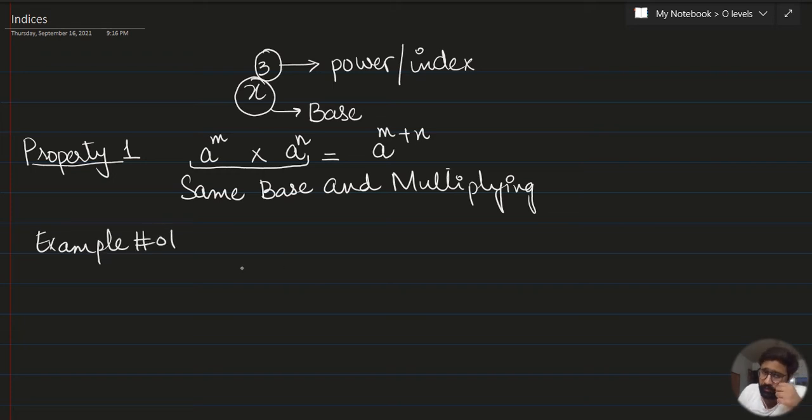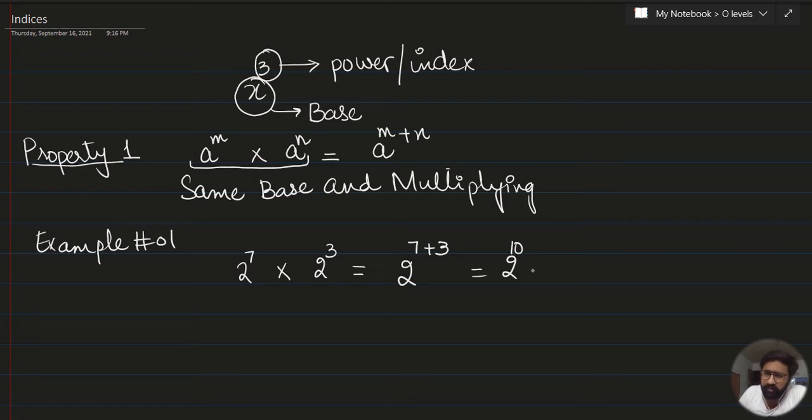Example 1. For example, it's 2 power 7 multiply by 2 power 3. You can see that the bases of these two numbers which are multiplying are the same. The base is 2 over here, and these two numbers are multiplying with one another. So what are you going to do? You are going to write the base just once, and you are going to add the two powers, which is going to give you 2 power 10.